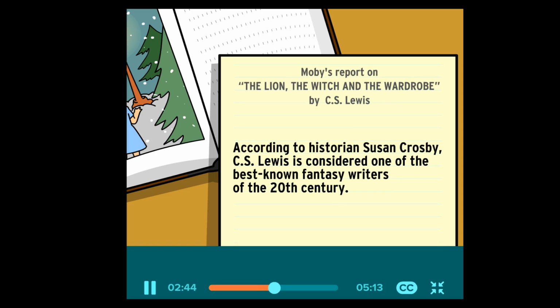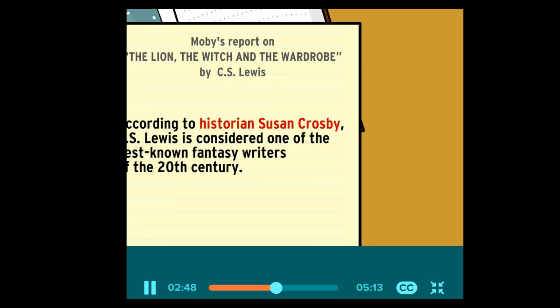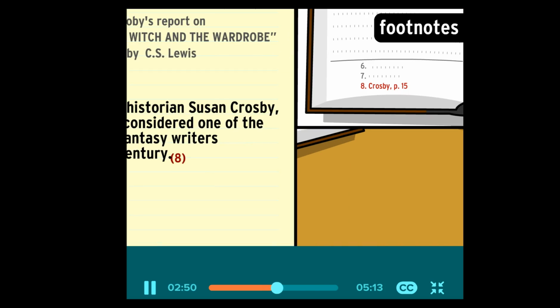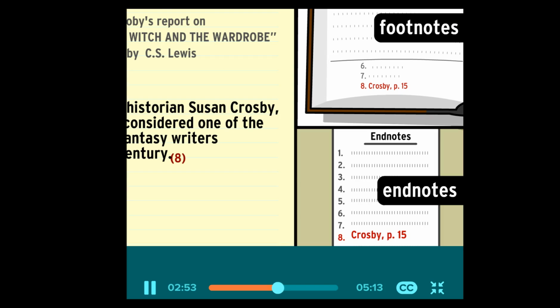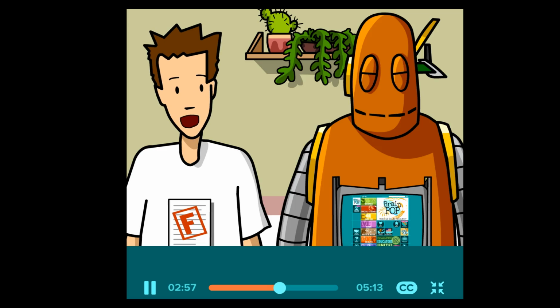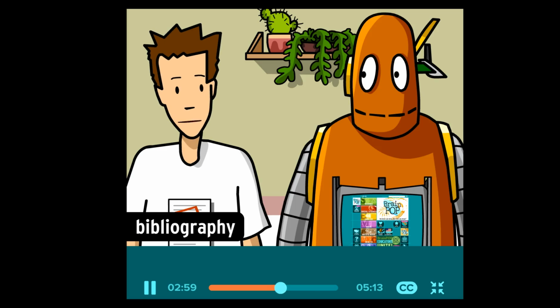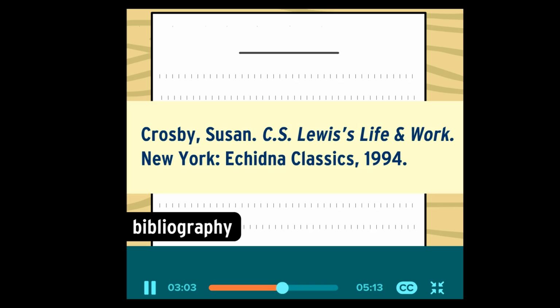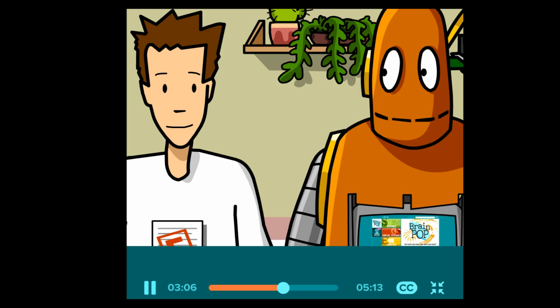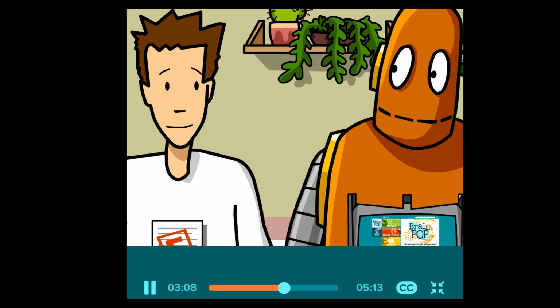One of the easiest ways to do this is to say, according to, and then add the name of your source. You can also attribute your quotes in footnotes or endnotes, explaining where the information came from. Finally, at the end of the paper, you'll need to include a bibliography. That's a list of all the works you consulted when you wrote it. I was just getting to that.